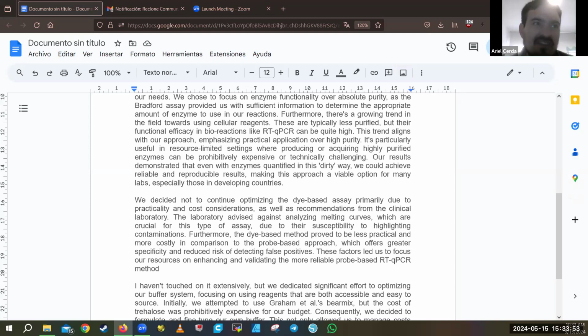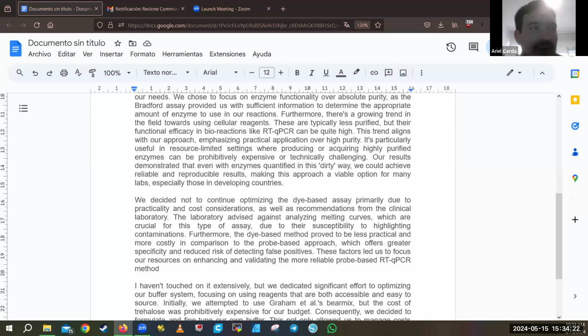in minus 20 degrees, but it's something that we have to explore, because we established the minimal condition for this assay, but we have never tested that kind of duration for the RT.